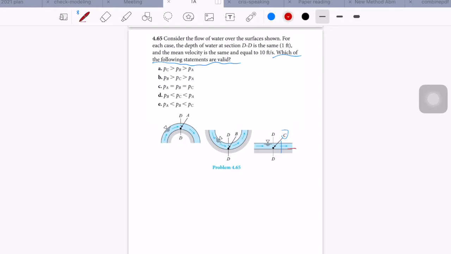So this is stated. And now we know that PC plus 0 should be equal to PD plus gamma times D. PD is the pressure at the water surface, and D is the depth of water.